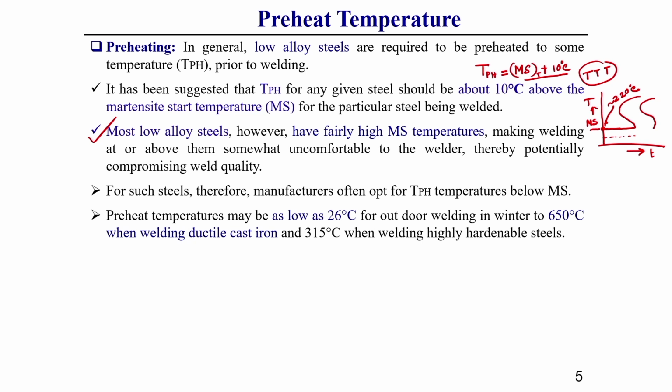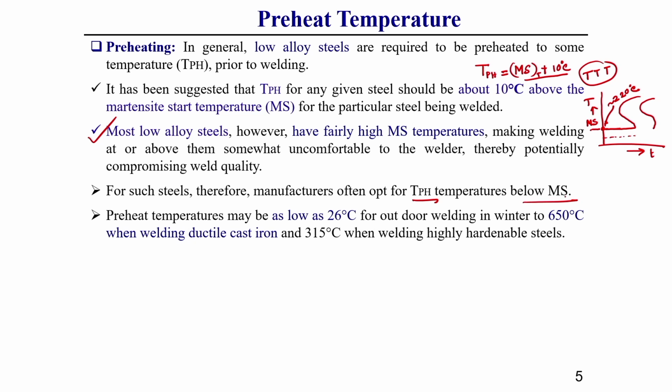Thereby, in these cases we sometimes need to potentially compromise the welding quality, because for such steel, manufacturers often opt for a preheating temperature below the martensitic start. Why?